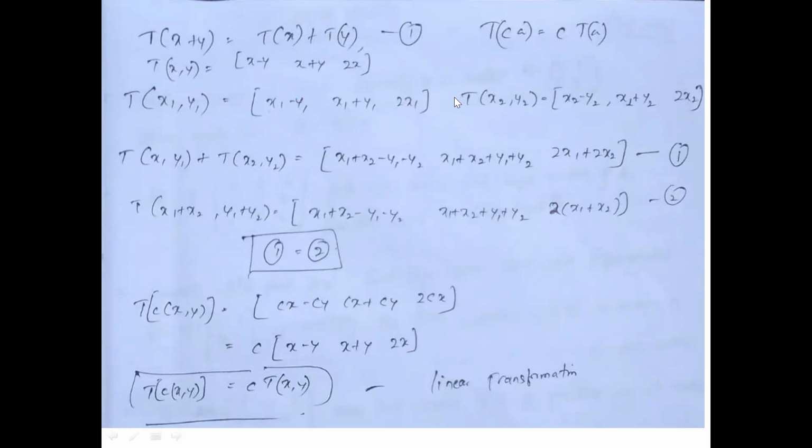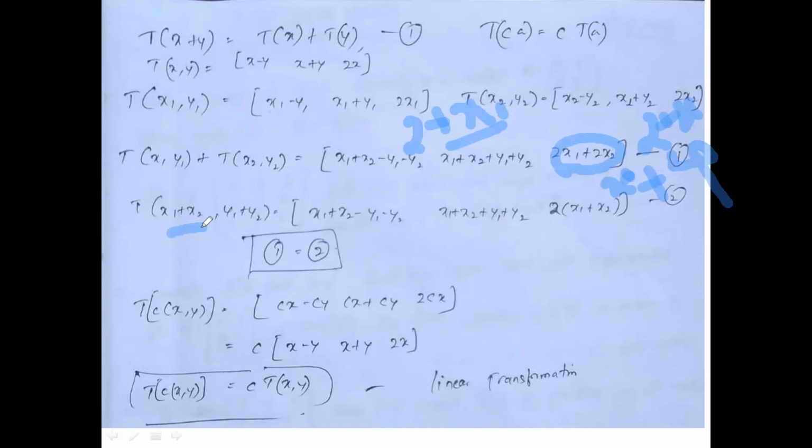It will be more fun if I take, as I told you, 2 plus x1. Had I taken this as 2 plus x1, this would have been 2 plus x2. Together, they would have yielded x1 plus x2 plus 4.